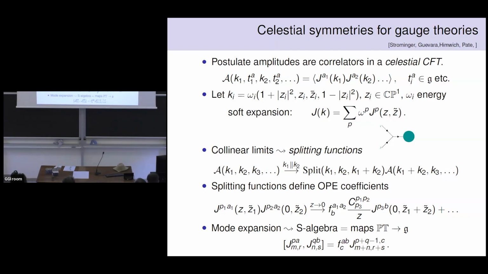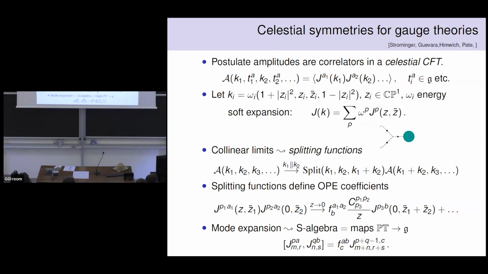One of the strategies is to use the soft limit. You write your momentum with an energy out the front, and then you've just got an extra complex parameter, since it's a null momentum, of course. You just need a complex parameter on the Riemann sphere to determine the direction of the momentum, and you can expand in the energies to get this soft expansion. It's another way of expressing the Mellin transform, where you're just looking at the integer powers.